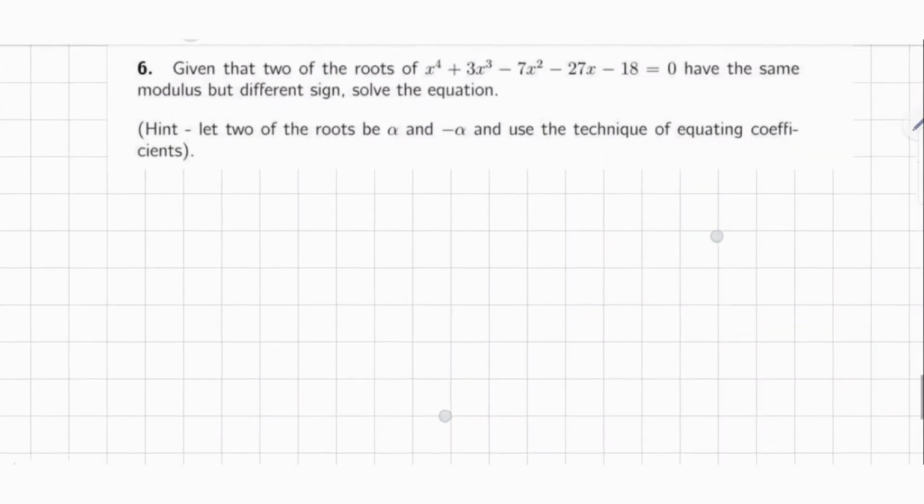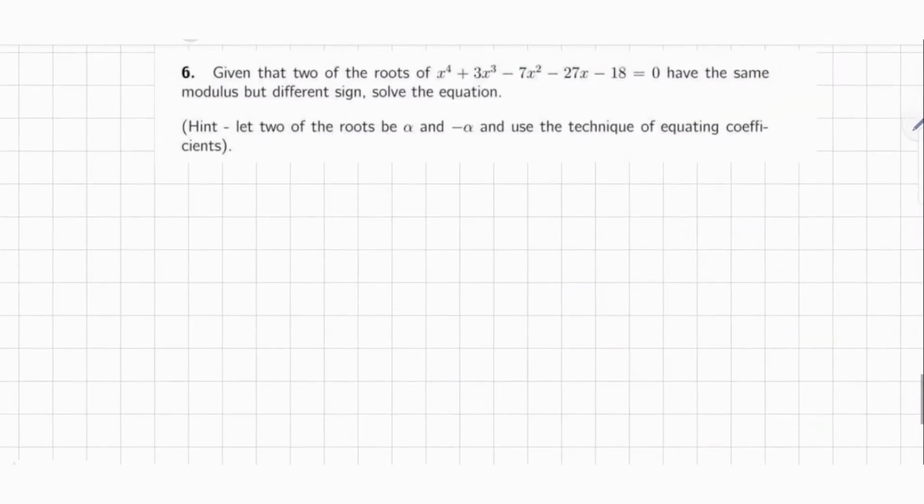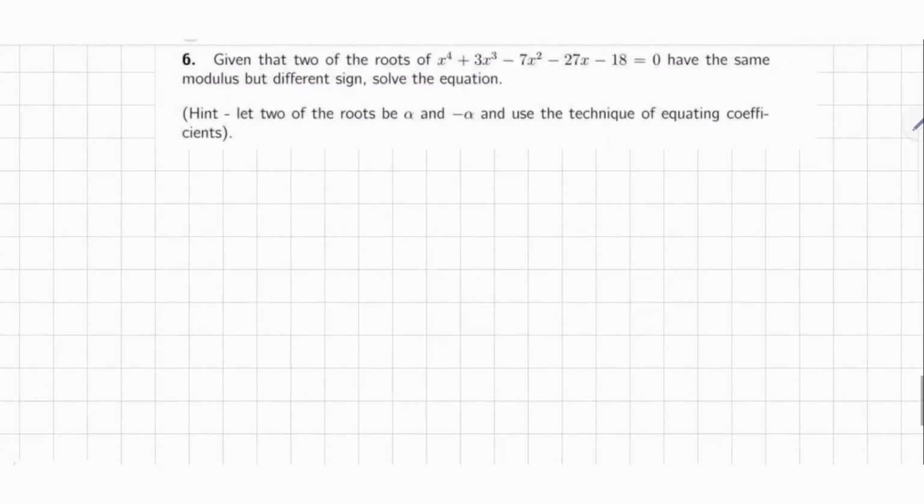Next, we have question 6. We have to use the technique of equating coefficients. For this, since it's an equation with degree 4, it has 4 roots. 2 of the roots are the same.